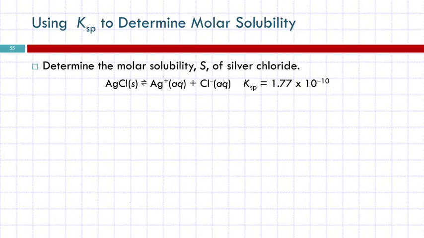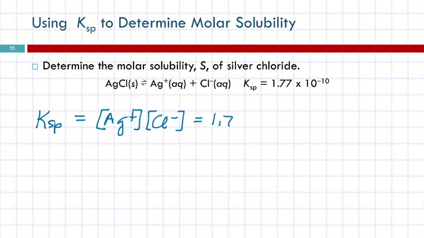So what we need to do is write the expression for KSP based on this balanced chemical equation. So KSP equals the silver ion concentration times the chloride ion concentration. And we have a value for that.